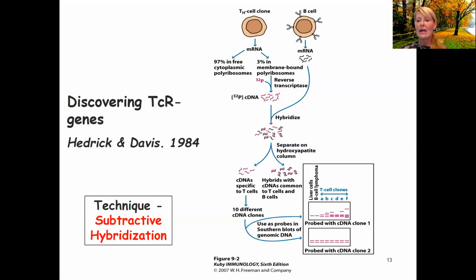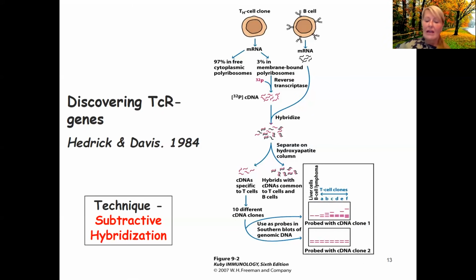And indeed, that turned out to be the case. And they could see the unique fragments. And I think the first chain that they were able to derive was the beta chain. So remember, TcR is alpha beta or gamma delta.